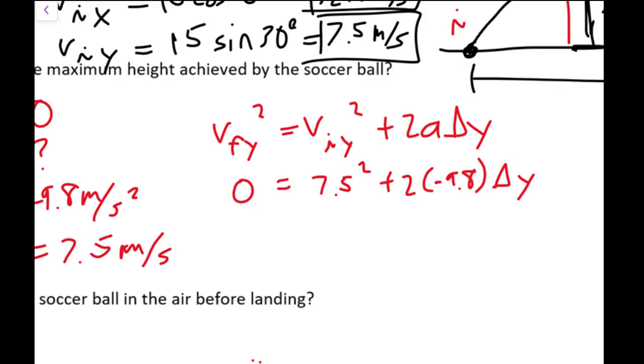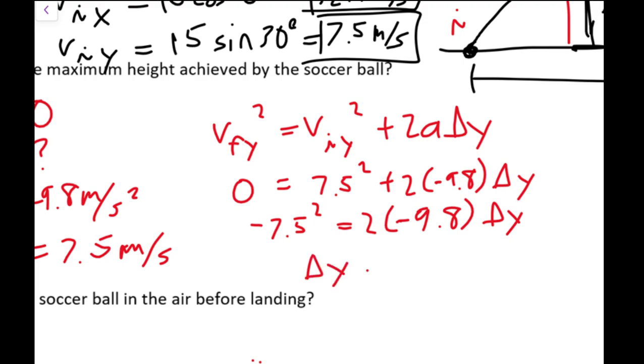Square 7.5 and move it to the opposite side, divide by 2, and divide by negative 9.8 to solve for delta y. You should get that it goes a height of 2.87 meters.